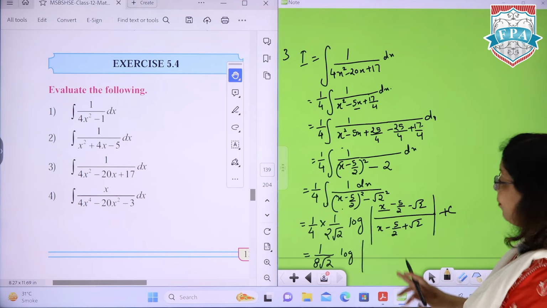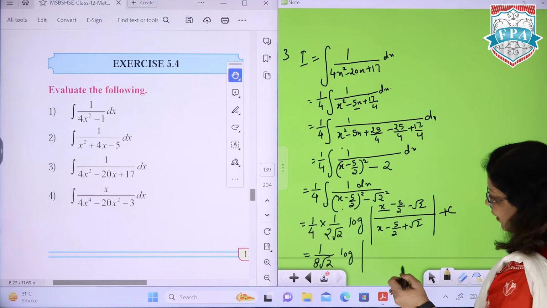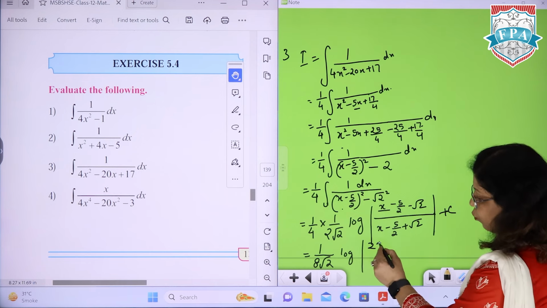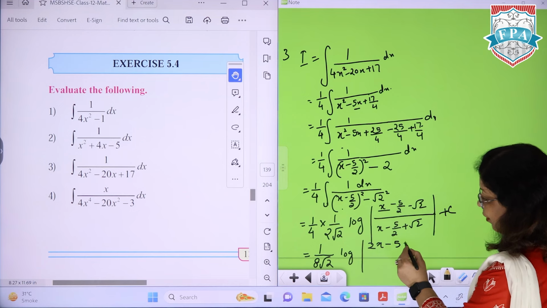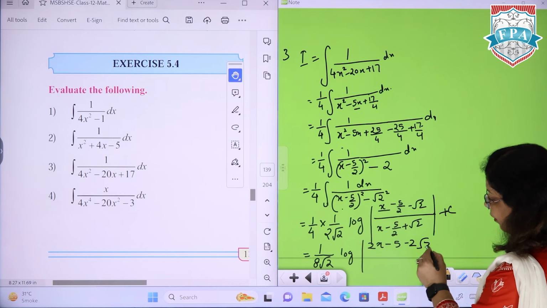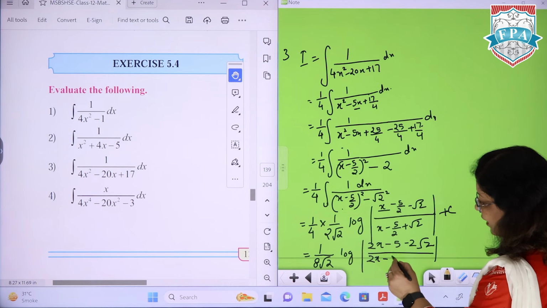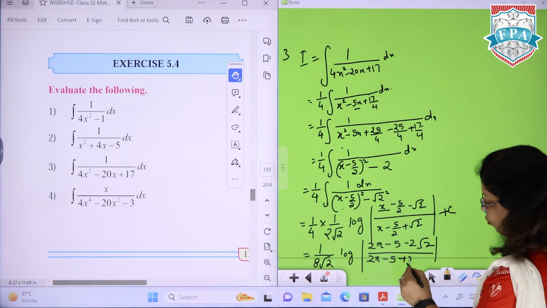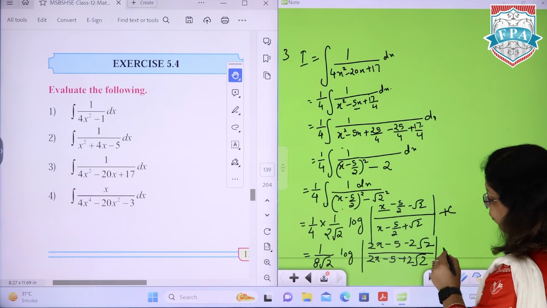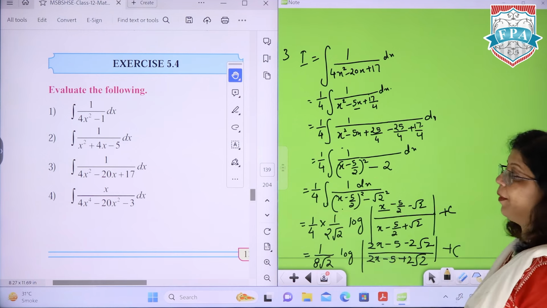When you take the LCM, this 2 will get cancelled later on, so you are left with 2x minus 5 minus 2√2 upon 2x minus 5 plus 2√2. So this is your final answer format.